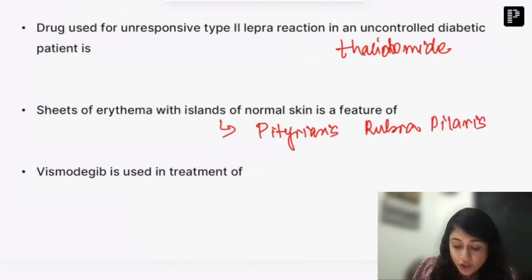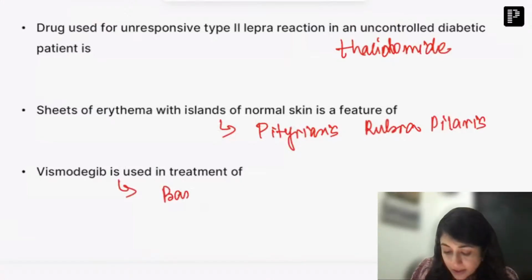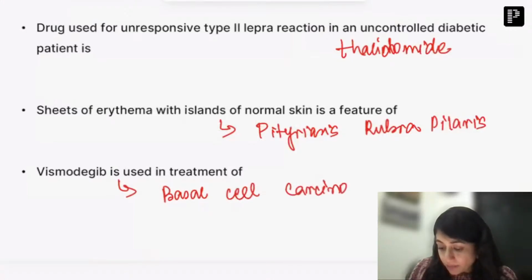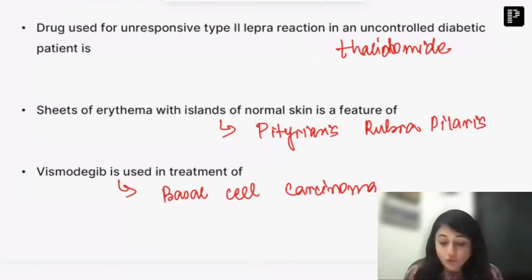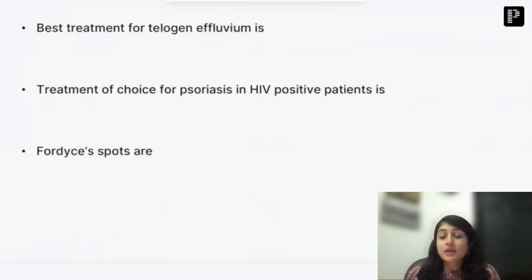Vismodegib is used in the treatment of basal cell carcinoma. Yes, you see nutmeg grater papules in PRP, you see PRP sandals, and yes, absolutely right. So vismodegib is a treatment that you use in invasive advanced BCC or patients who do not want to go for surgical treatment.